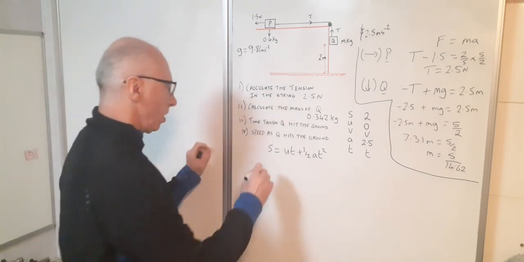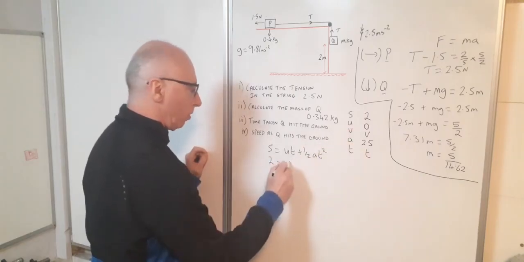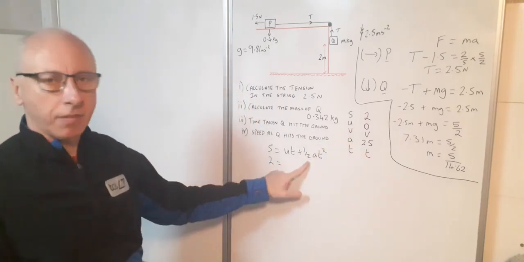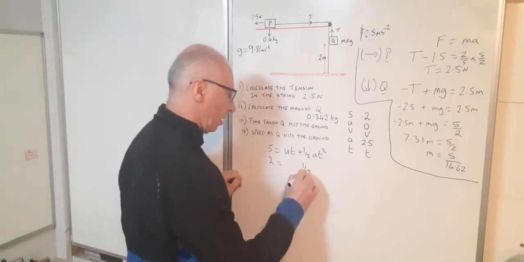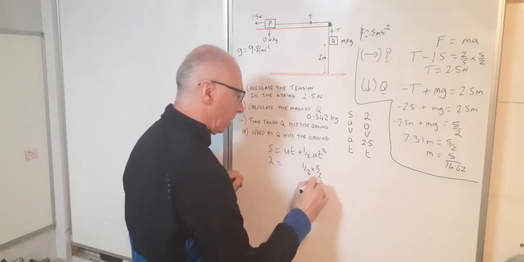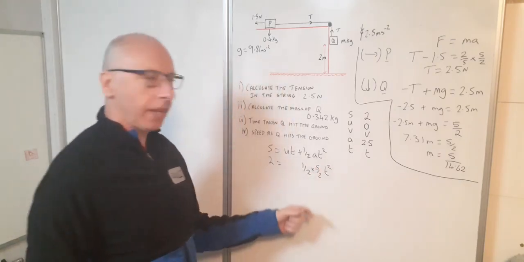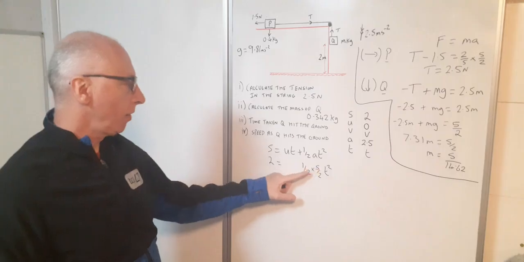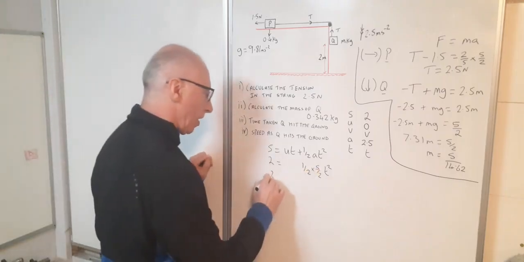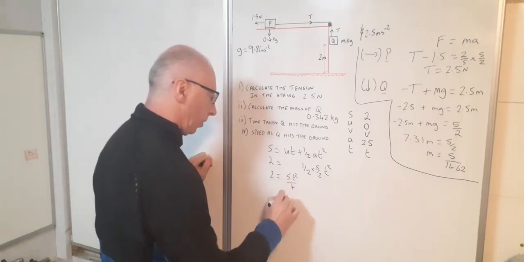So S is 2. U is 0, so that all disappears. Then I've got a half, acceleration is 2.5, and then I've got T squared. So then what have I got here? I've got 5 over 4. So let's simplify that: 2 equals 5t squared over 4.